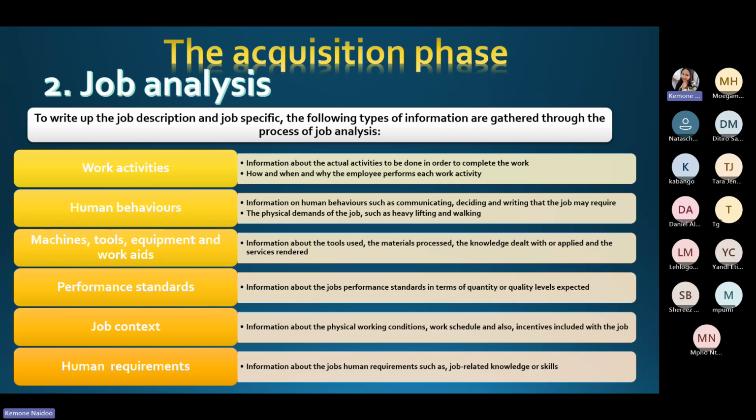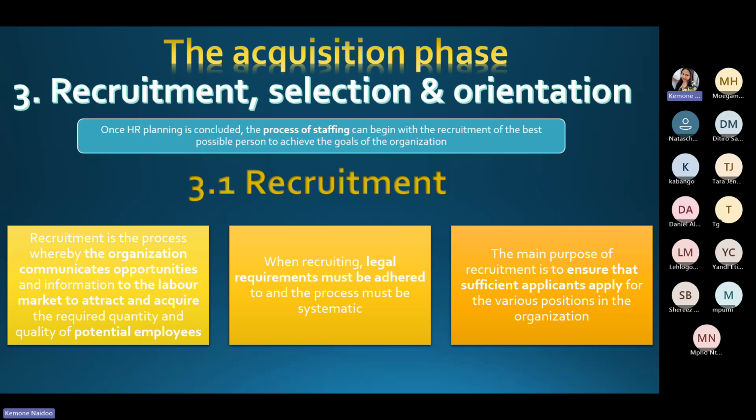You need people to be able to handle that new technology. And especially with the movement into more of a digital era, we need people with these digital skills. So your job analysis can help you finalize what's lacking, and then to form your job specification and your job description, and this leads us to the recruitment aspect.